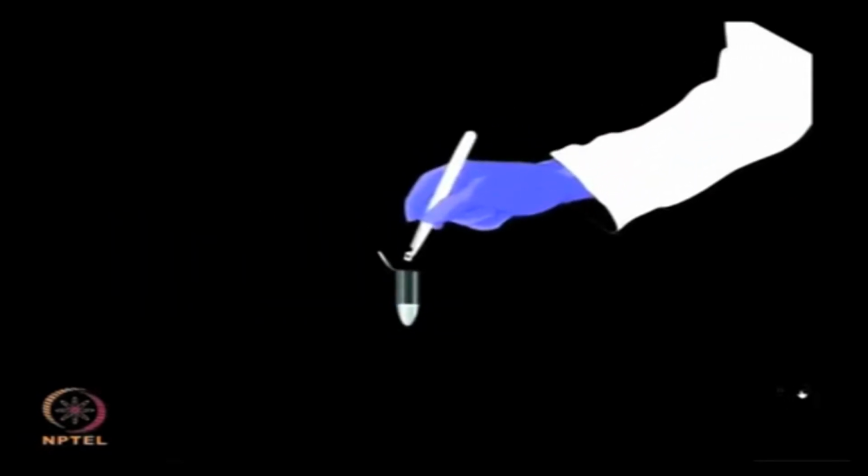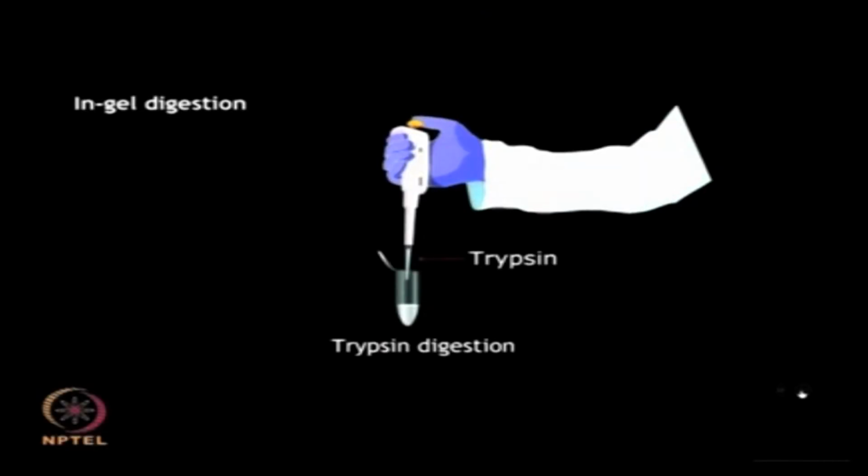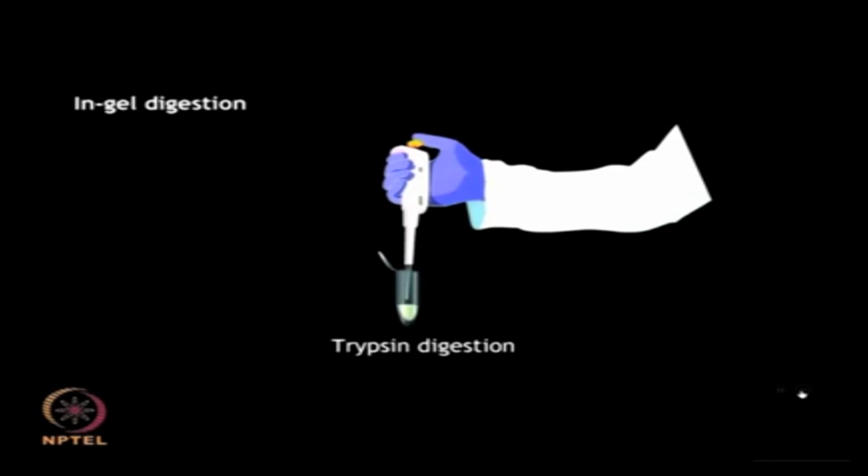A spot can be dissolved in a suitable buffer. Trypsin is then added to this mixture in order to carry out digestion of the protein.